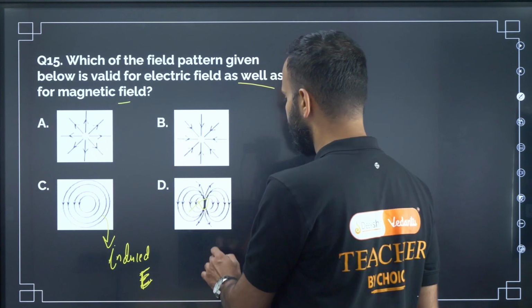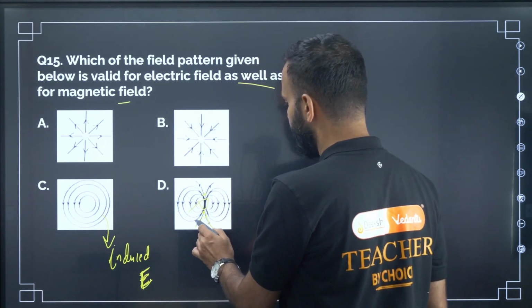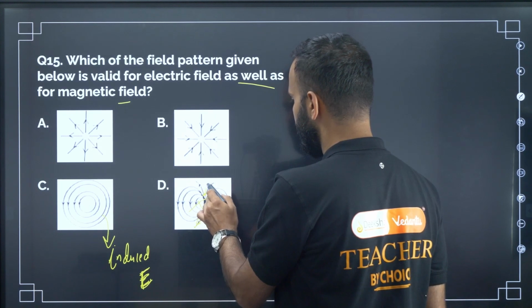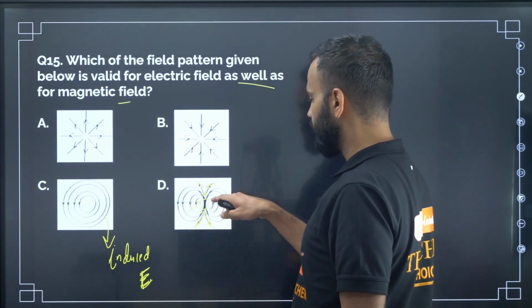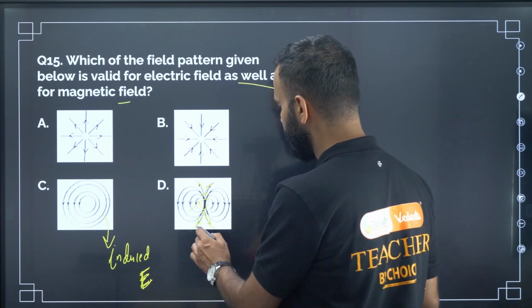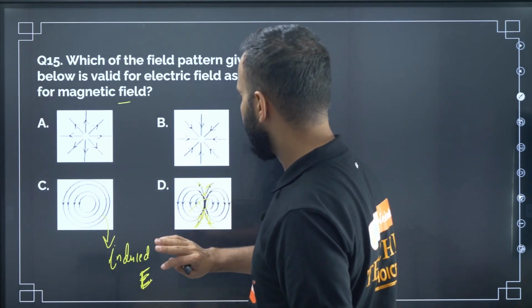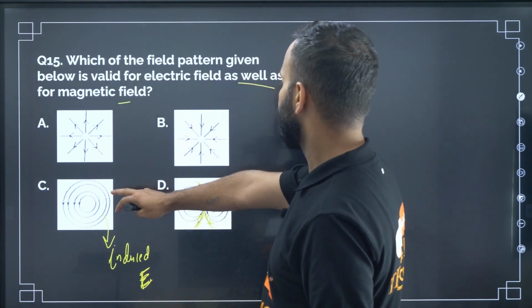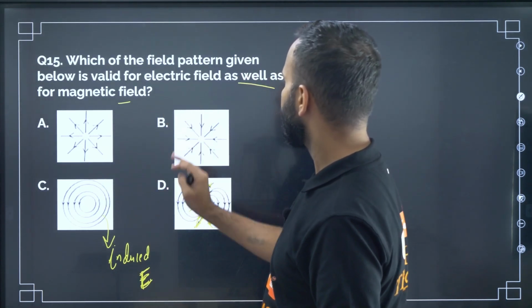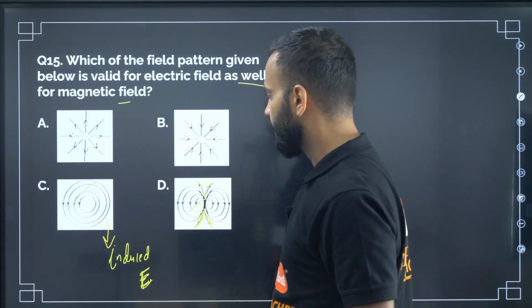Option D is wrong. Look at these two poles. Here the field lines are moving away, and again here they are moving away. Definitely it is wrong, because one side has to be moving away and the other side has to be moving towards. So option D is wrong, and option C is the correct answer.